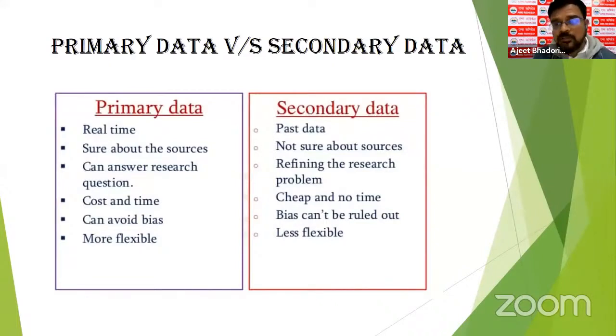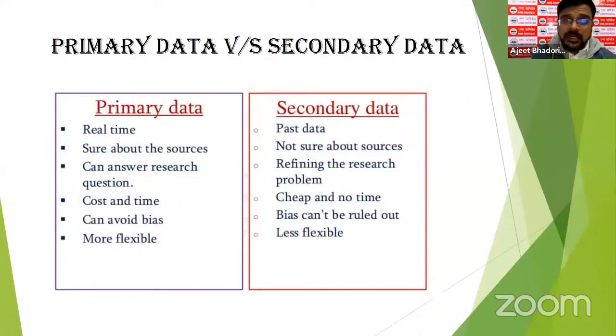But there is a huge difference between primary data and secondary data. Primary data is done in real time, and we are sure about the sources because you're doing it yourself. You know how you have collected that data. In secondary data, sometimes you're not sure whether the data which is already available is from a good source or not.